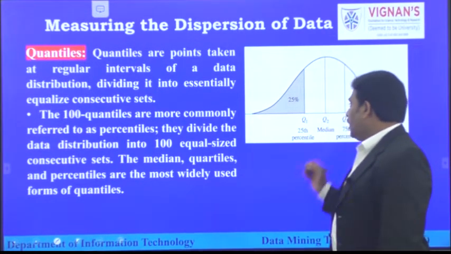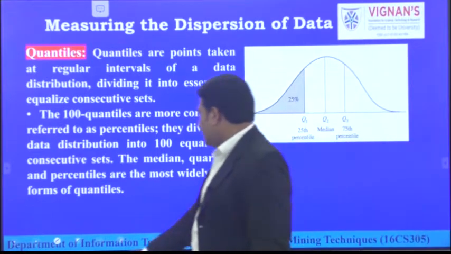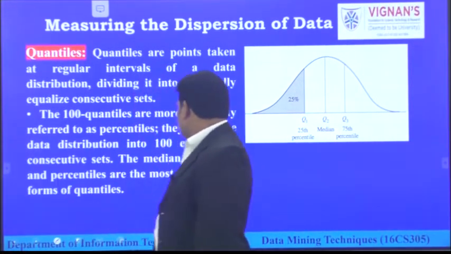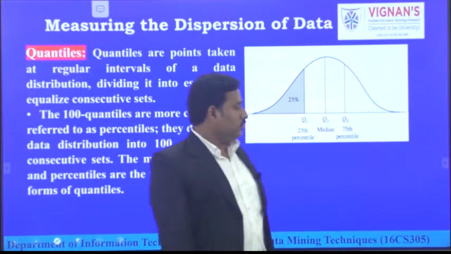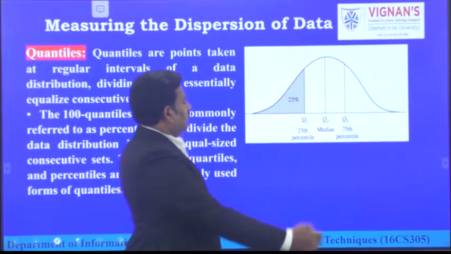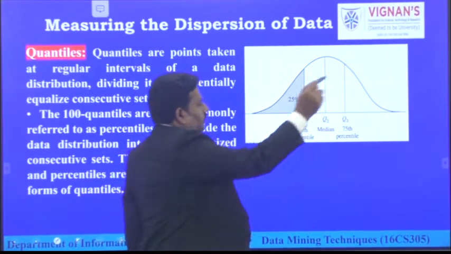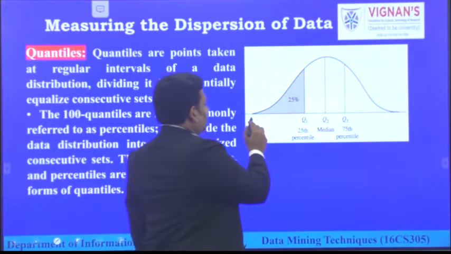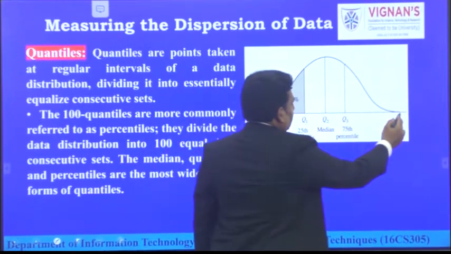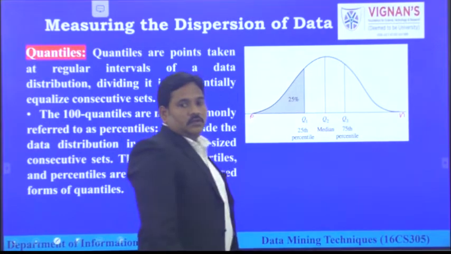Let us observe this graph here. In this graph, we are trying to represent the distribution of the data. Let us assume this is the starting point of the data and this is the last point of the data.